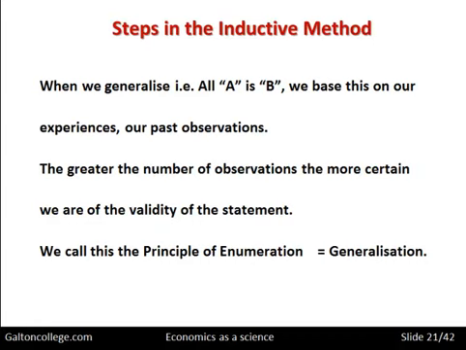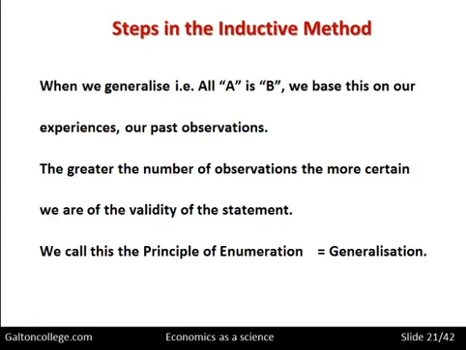Can I just say before we move on to the next step that there are problems with the inductive method. We could say that every swan is white. Well, what if we saw a black swan? Would it be a swan? Would it be a black bird?